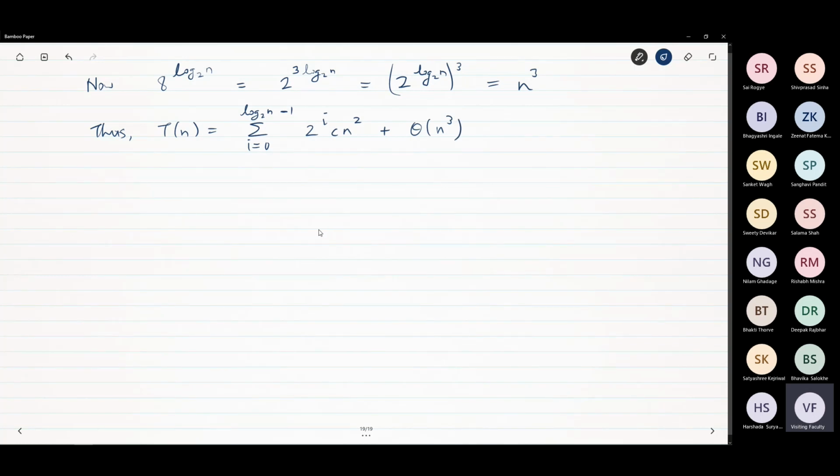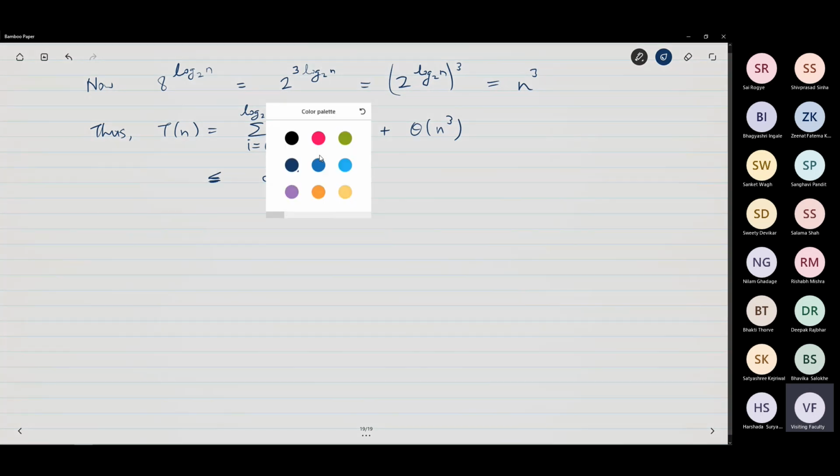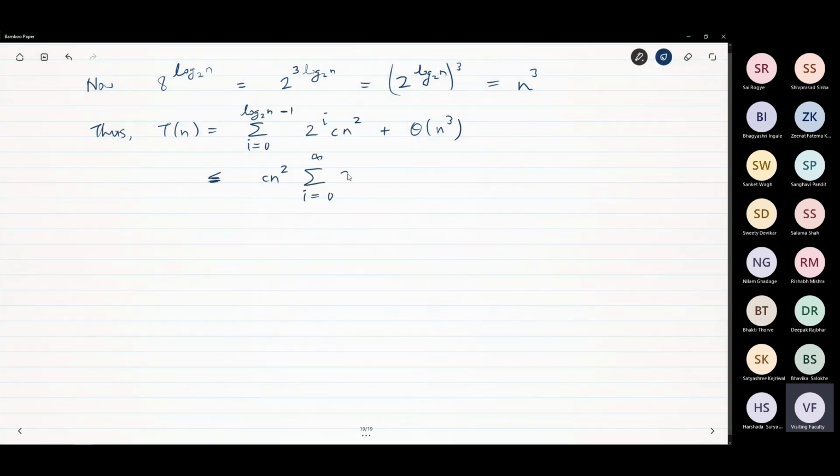Is that clear, everybody? That is less than or equal to cn squared is common, because the summation doesn't really matter, and you can take less than or equal to, and you can take summation up to infinity. That's what we have been doing. 0 to infinity 2 raised to I, plus theta n cube. Okay. Now what will the answer be?